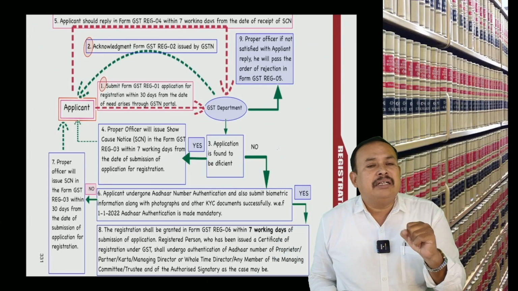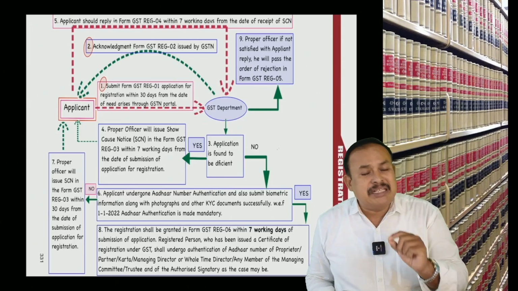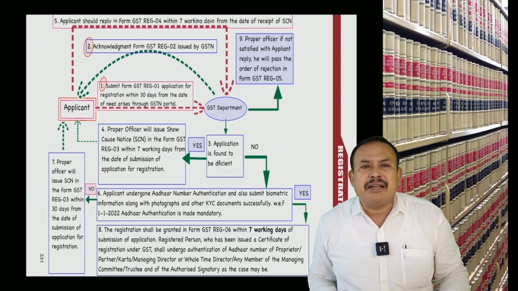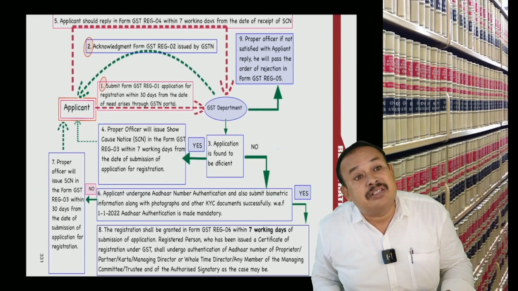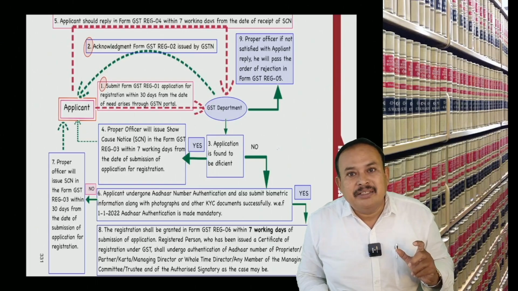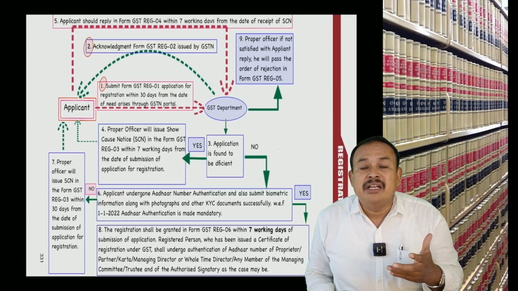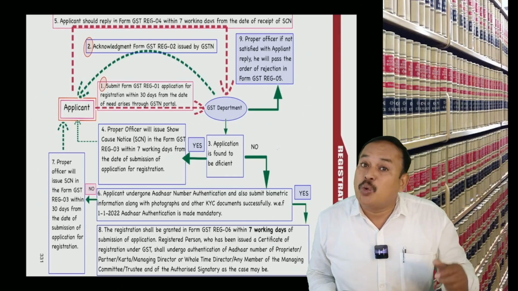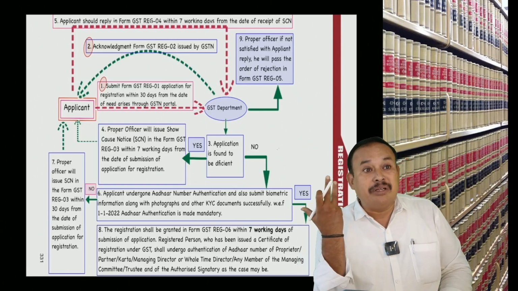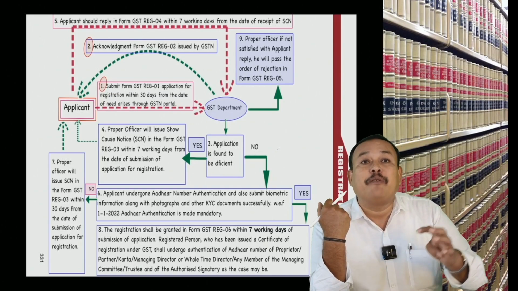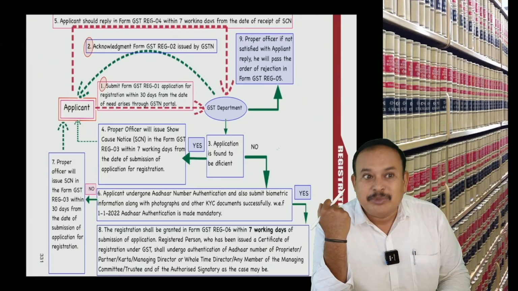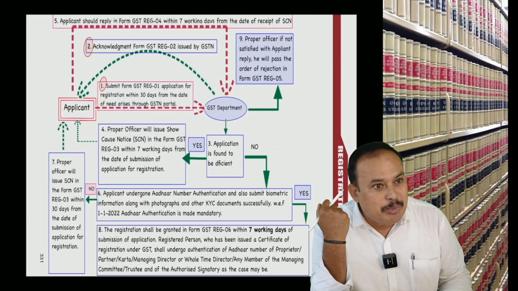This gentleman is running the business in a rental premises, but the rental agreement was not submitted. That the department officer noticed. Or Mr. C of Chennai is running the business in his own premises, but proof of ownership was not given. How can you show ownership? Latest payment of property tax. Ownership. You get my point?